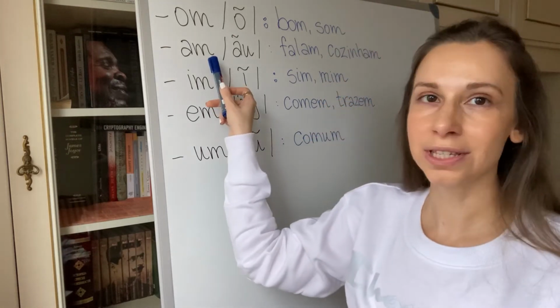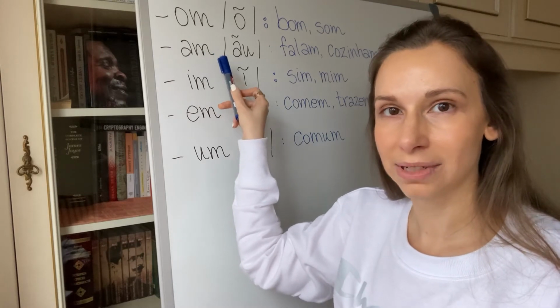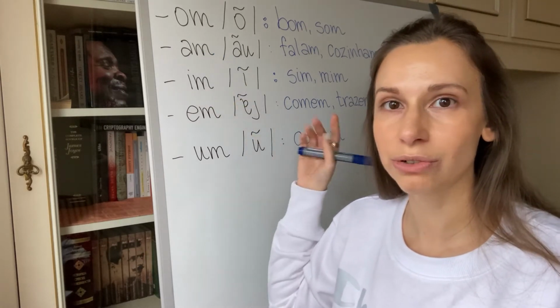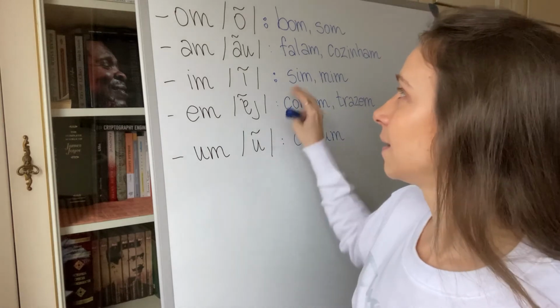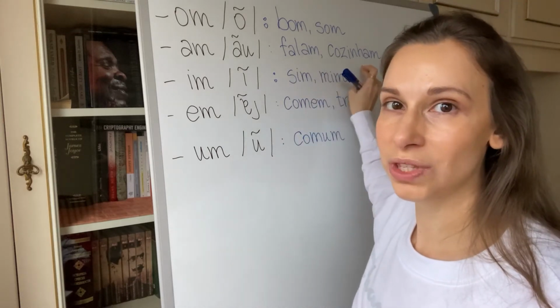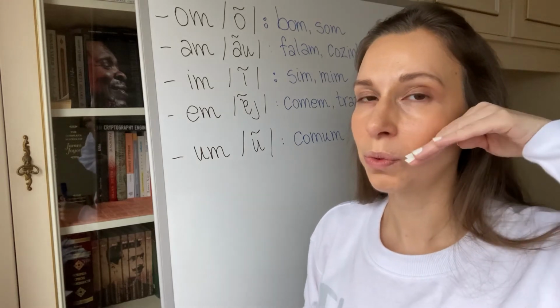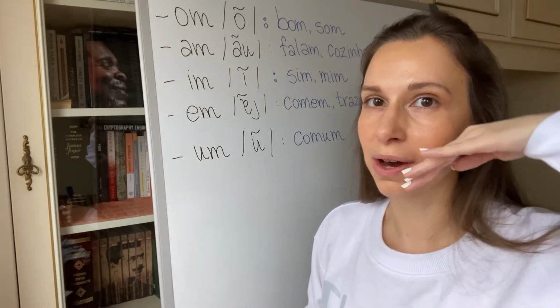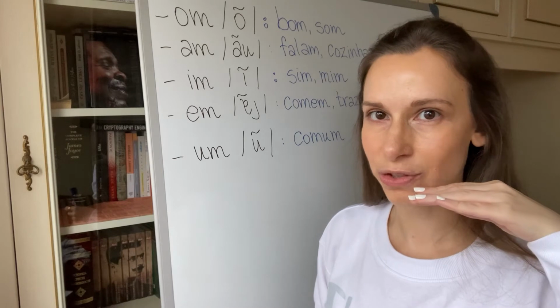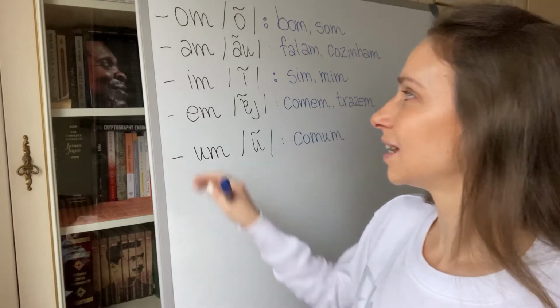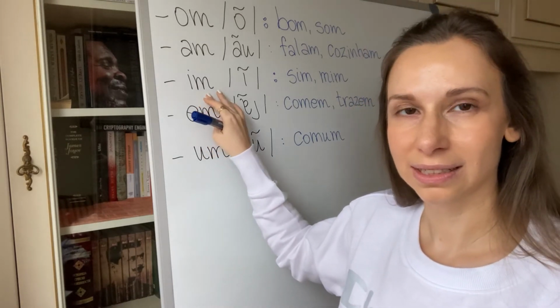Now let's see the words that have AM. We read them as ão. Falam, cozinham. Again, falam, cozinham. And relax your tongue. EM.